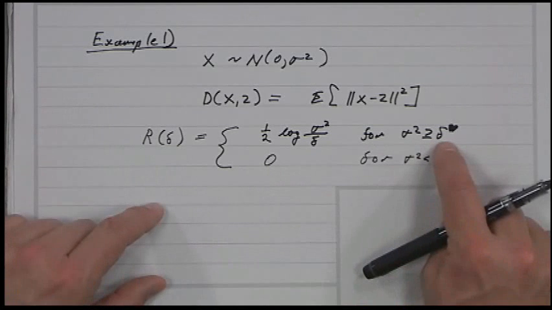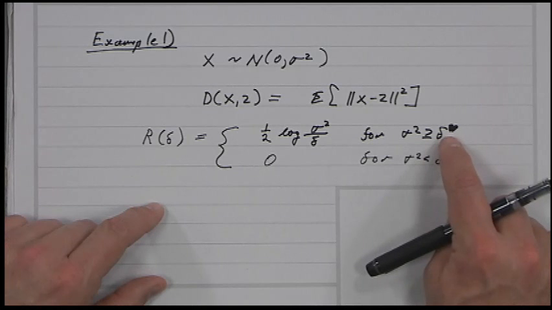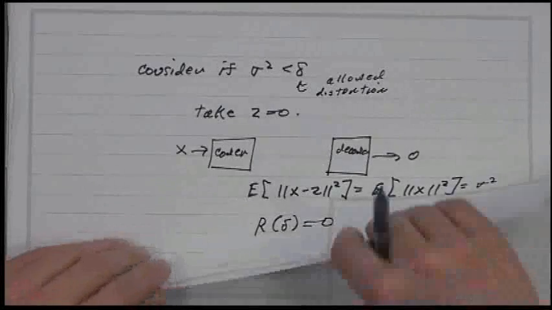Now, if my distortion constraint is less than sigma squared, then I have to code something and send it. Intuitively, this is where I use the hand-waving argument.